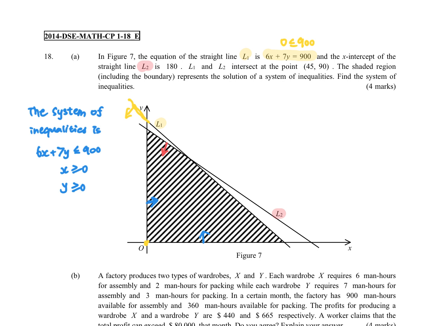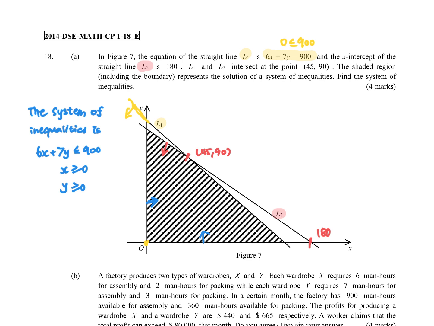So we need to find the equation of L2. The x-intercept of L2 is 180, and L1 and L2 intersect at the point (45, 90). Good.